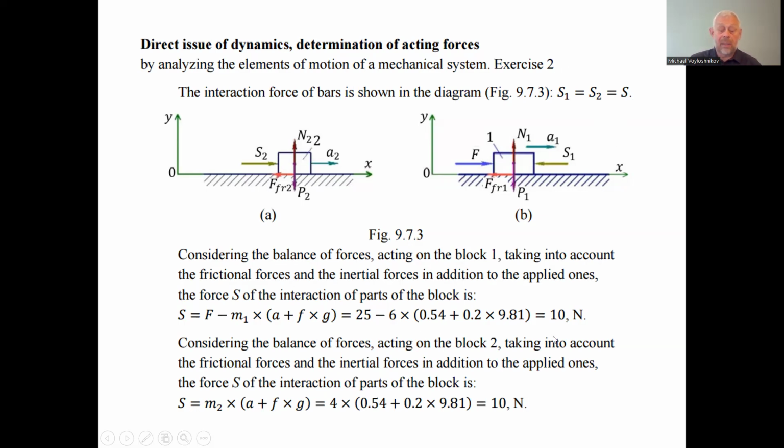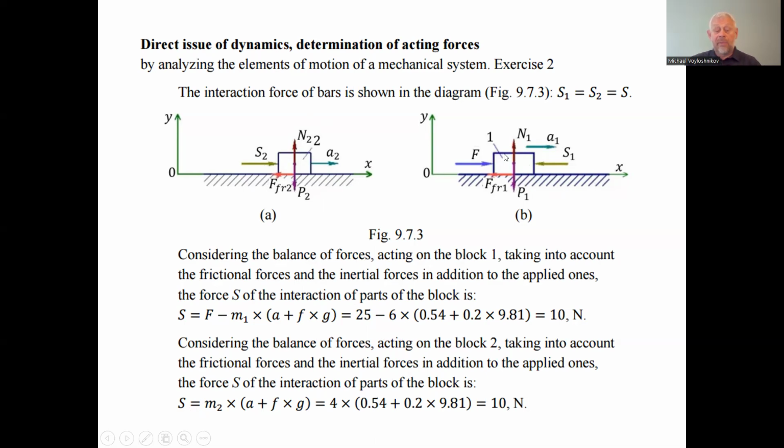Considering the balance of forces acting on the first block, taking into account the frictional forces and the inertial forces, in addition to the applied one, we find the force of the interaction of the parts of the block. If we consider the balance of all forces acting on this one block, force magnitude 25.